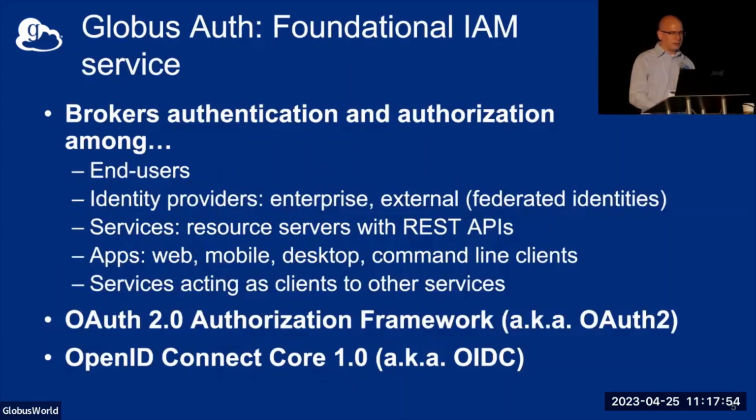I want to spend a little bit of time talking through the foundational pieces for interacting with Globus services through either the REST API or the SDK. One of the things that you're probably going to encounter first when you develop against Globus is Globus Auth, which is our identity and access management service.